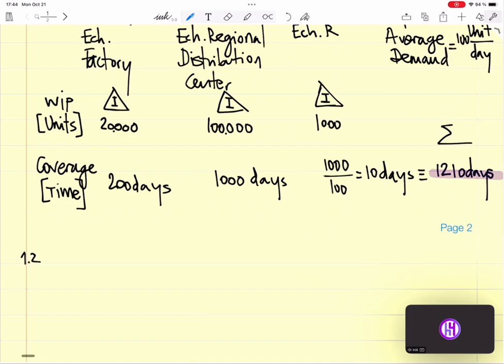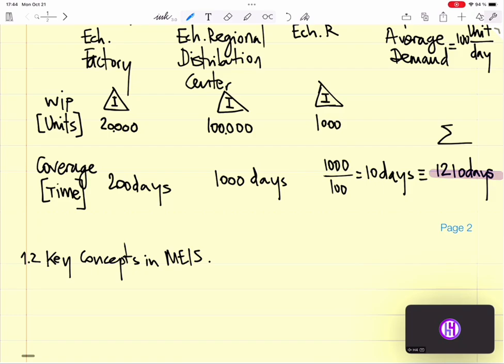Second is some key concepts in multi-echelon inventory systems. They introduce new complexities unlike single location models, which cannot be solved by EOQ or continuous review.